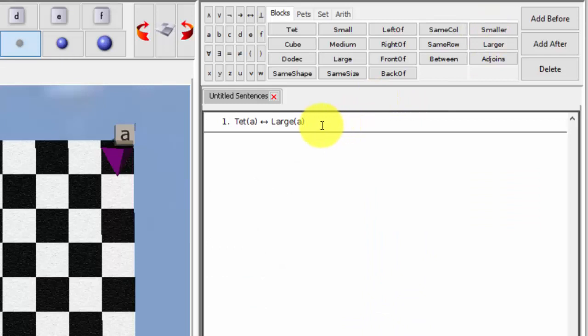All right, so here we have a sentence: A is a tetrahedron if and only if A is large. And we are talking about a world in which A is a tetrahedron, but A is small. So it'll turn out that this sentence is false because this part of the sentence is true, but this part of the sentence is false, meaning that they differ in truth values.